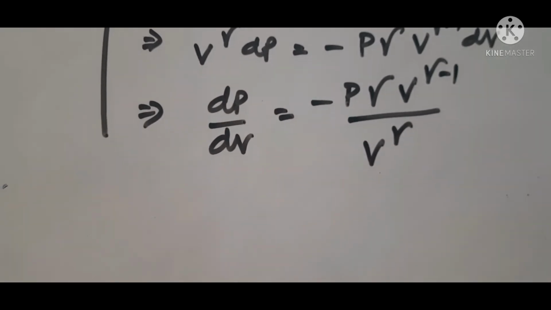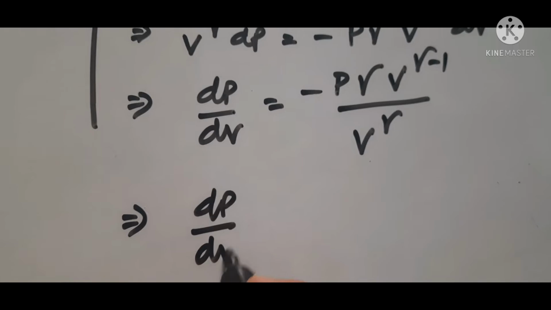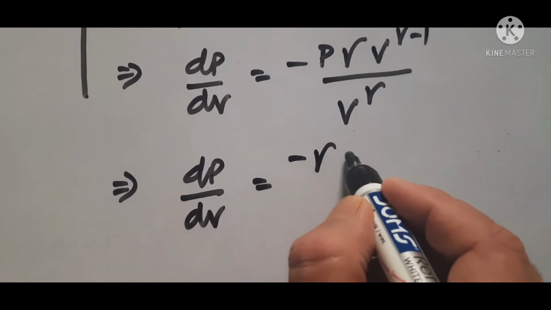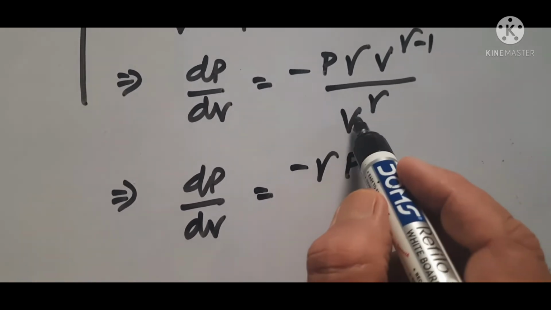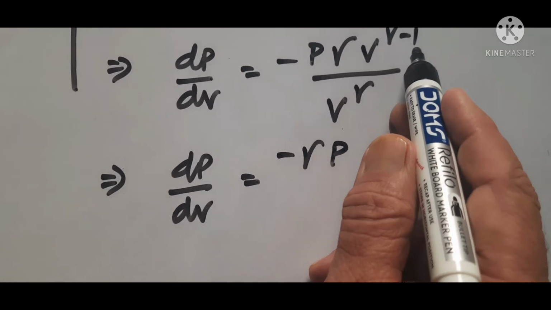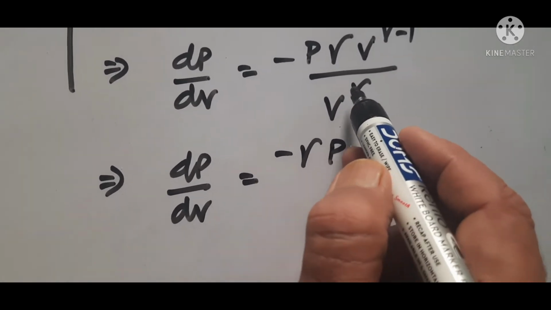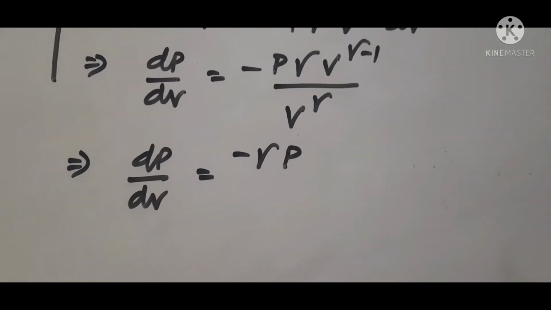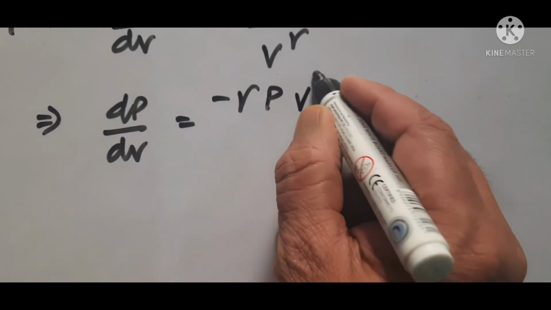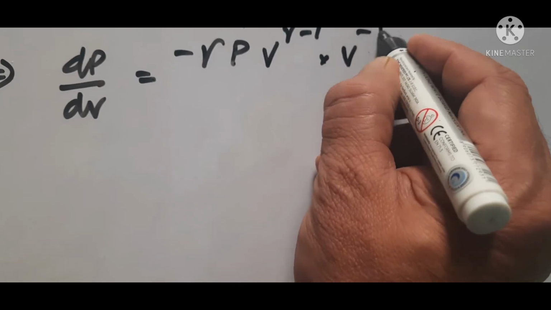So ultimately dP by dV is equal to minus gamma P, V to the power gamma minus 1 into V to the power minus gamma.